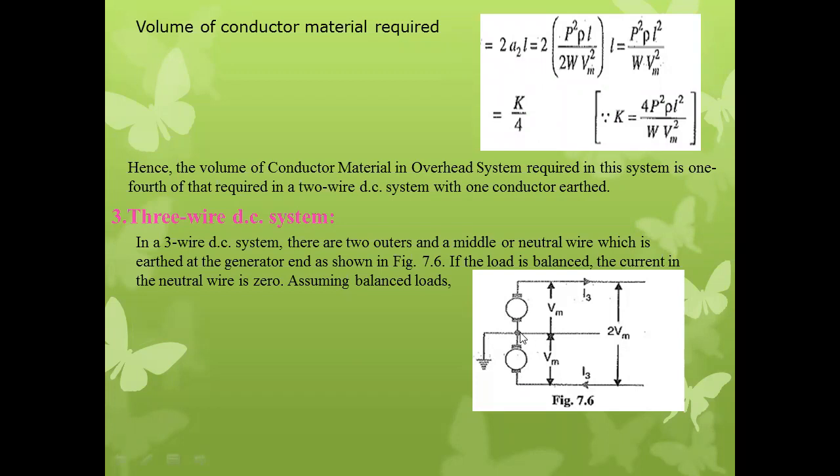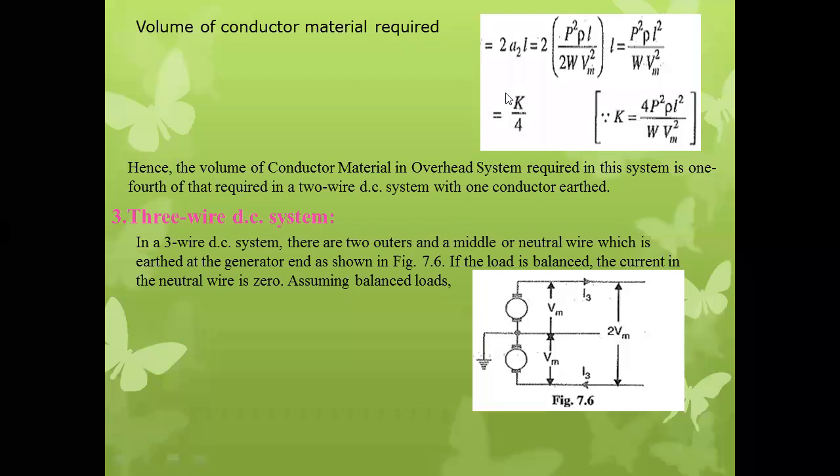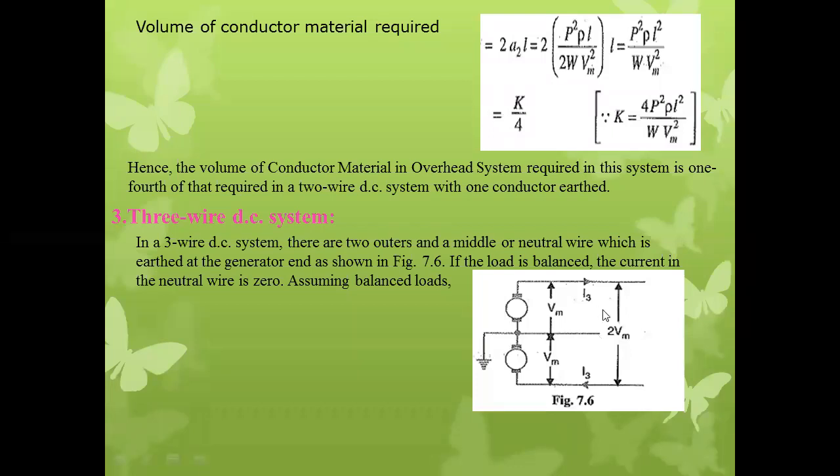From the common point, another conductor or wire is taken. That is treated as the third wire, that means the neutral wire, which is earthed at the generator end and taken outside for the connection. So these are the three wires. For the three wire DC system scheme, we have to remember the diagram.